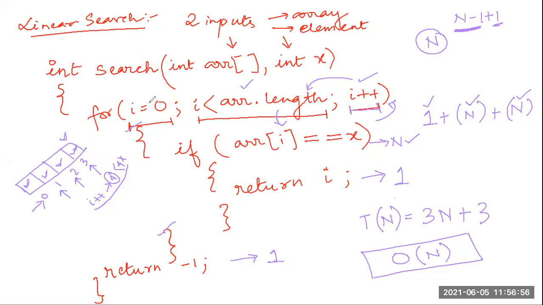Fine. And if my answer is true in any of the sections, I will return that location. My answer can be true only one time, because this is not the code for duplicate elements. I am showing the single element linear search algorithm; separate code exists for duplicate elements.